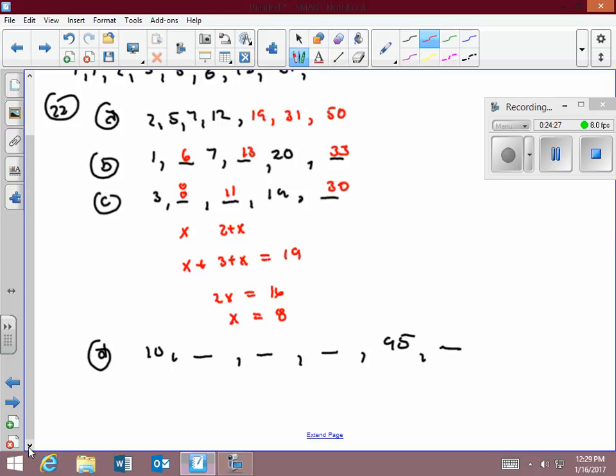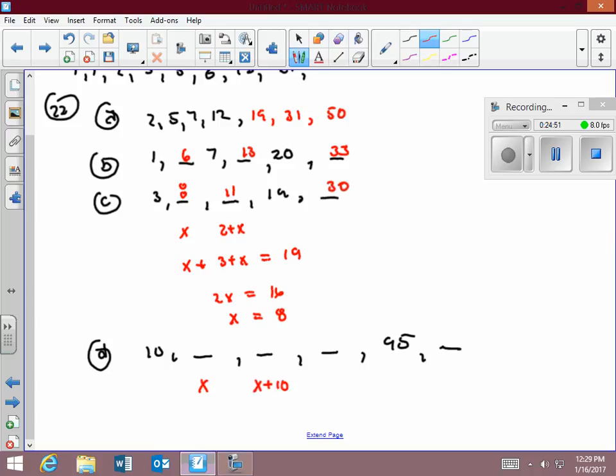But I can go ahead and give you what I found, which is the second number in the sequence is 13. You could call that one x, and then this one's x plus 10, right?